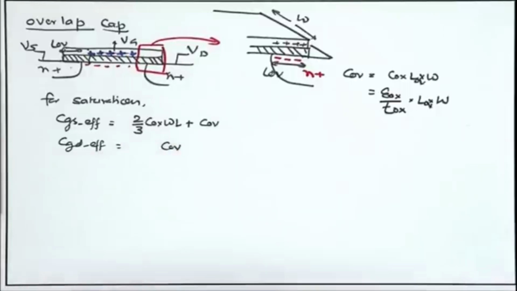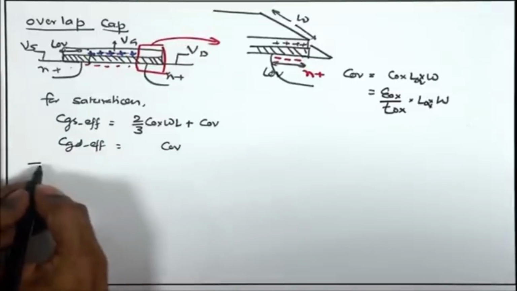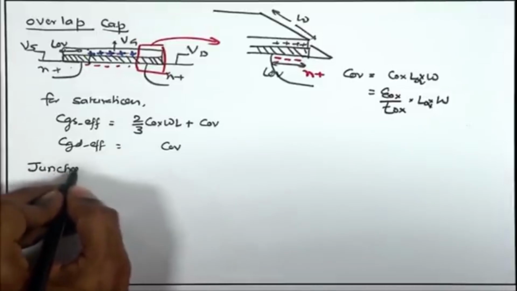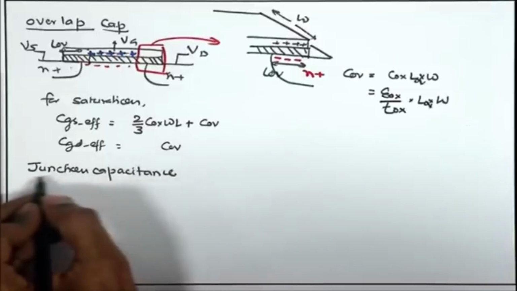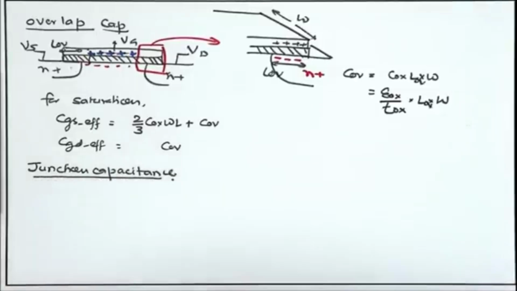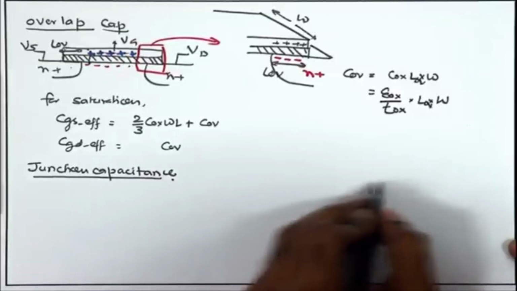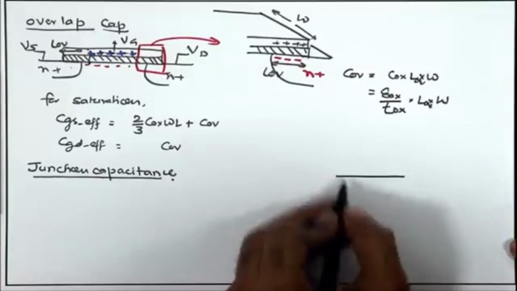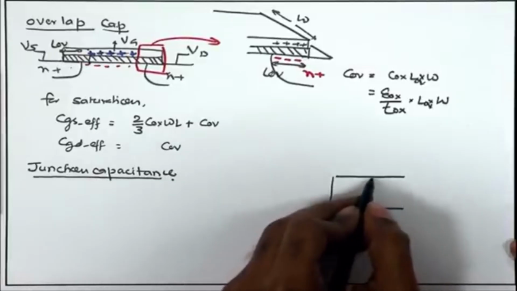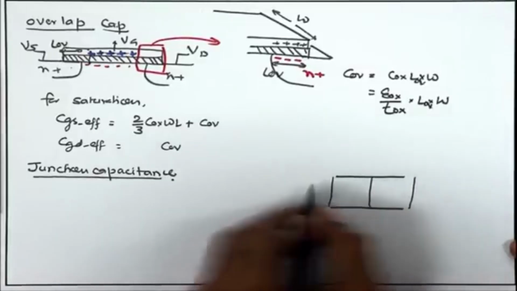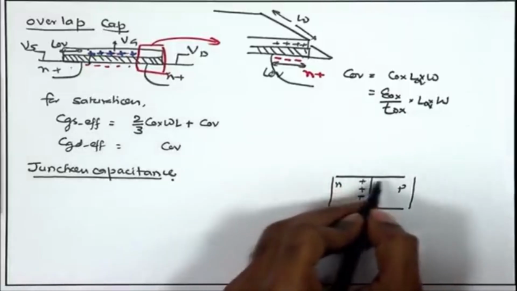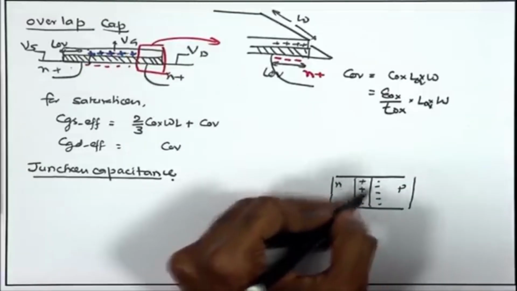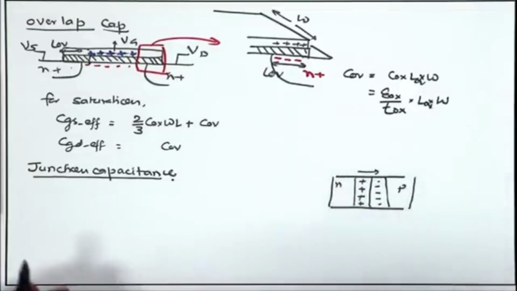Now, let us also talk about the junction capacitance. We know that in a diode, when you have some reverse bias applied, with n type and p type, you have some positive charges in the depletion region on the n side and some negative charges on the p side, and there is an electric field.